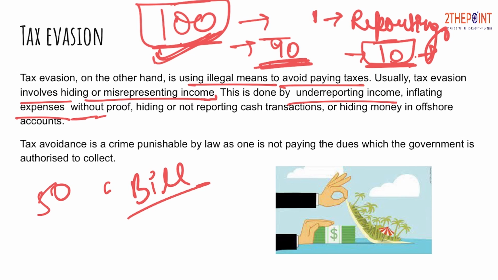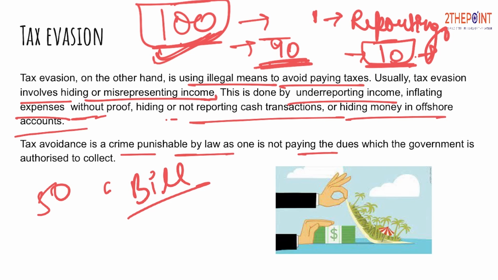That person can show as much income as he wants, because there is no bill being generated and no GST being levied. So everything is off the records. What you are doing is hiding or not reporting cash transactions, hiding money in offshore accounts. So tax evasion is a crime punishable by law, as one is not paying the dues which the government is authorized to collect, as I have explained.